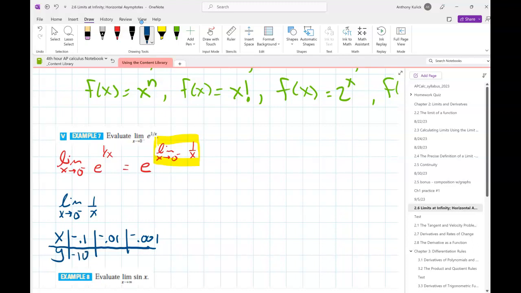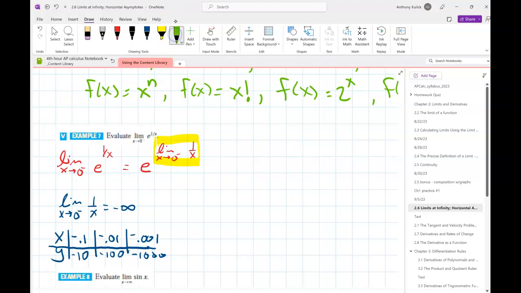Negative 10. Yeah, 0.1 is just 1/10, so the reciprocal is 10, and it's negative, so it's negative 10. What's the next one going to be? Negative 100. Good. And the last one? Negative 1,000. So it looks like this is going to negative infinity. Everybody agree with that?